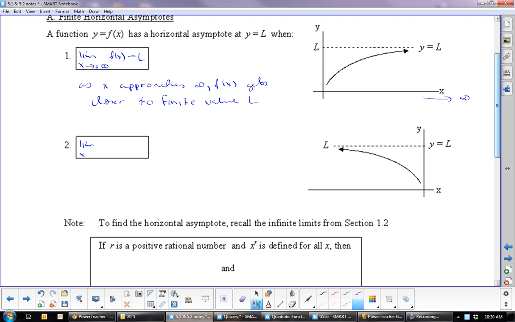So limit as x approaches negative infinity of f of x equals L. So that's the picture right here. This is approaching negative infinity.